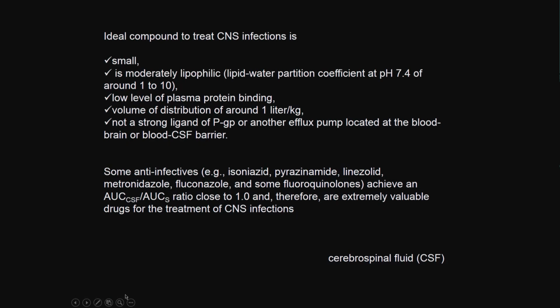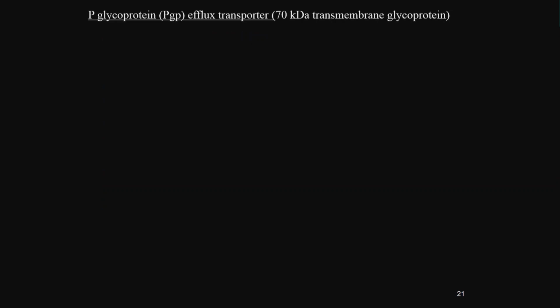So, that is the strategy one can think about: small molecules, moderately lipophilic, low level of plasma protein binding, not a ligand for the P-gp efflux pump, and a volume of distribution of around 1 liter per kg body weight. We have now looked at the blood brain barrier as one of the important parameters to consider.